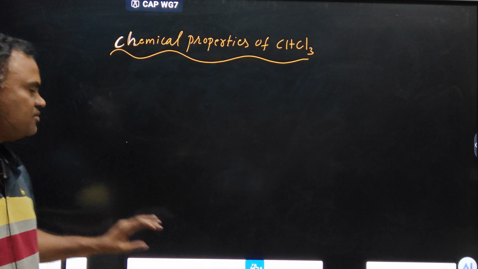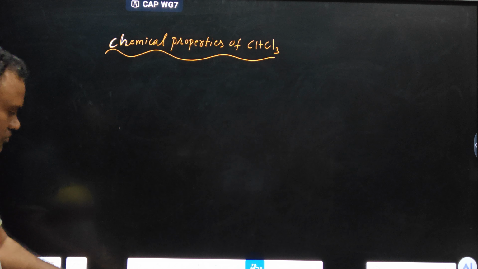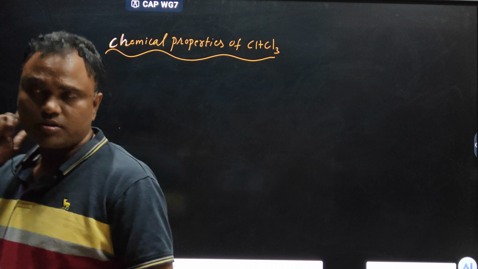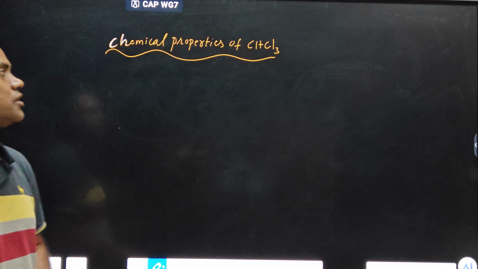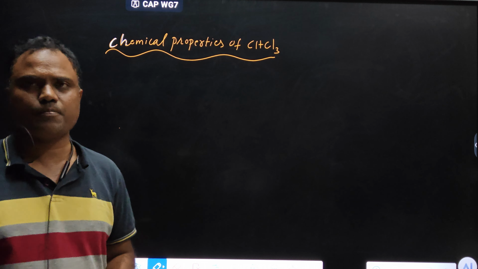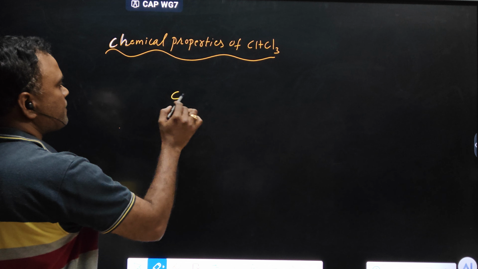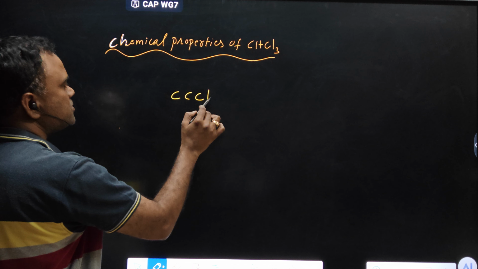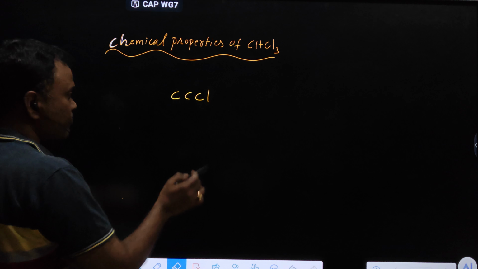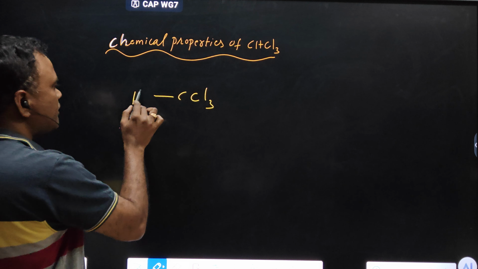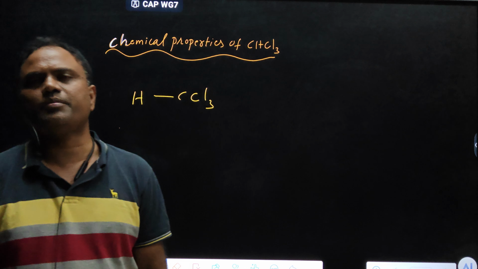After completion of physical properties, we are discussing chemical properties. First, let us take the structure of chloroform, CCl3 and H. Let us divide the chloroform into two parts.